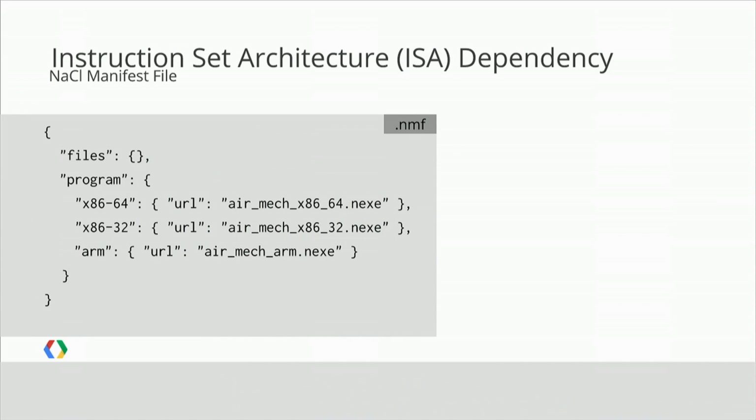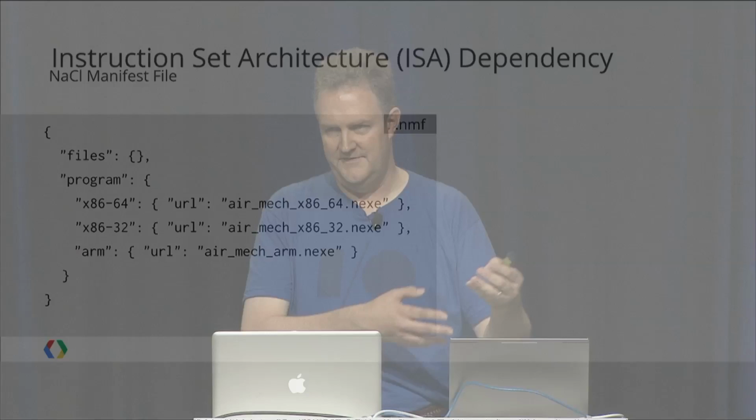Well, first of all, we need to talk about the manifest file. We talked about the manifest file before, and the manifest file serves several purposes. But the major purpose of the manifest file is to tell the browser where to find resources. So where to find resources can be a lot more than just this in the case of dynamic linking and some other things, but you at least need to say where to find the native client executables.